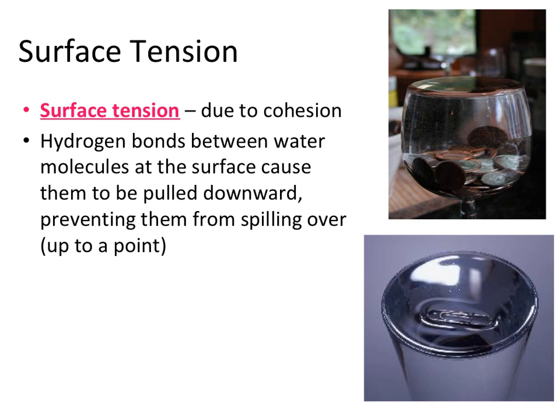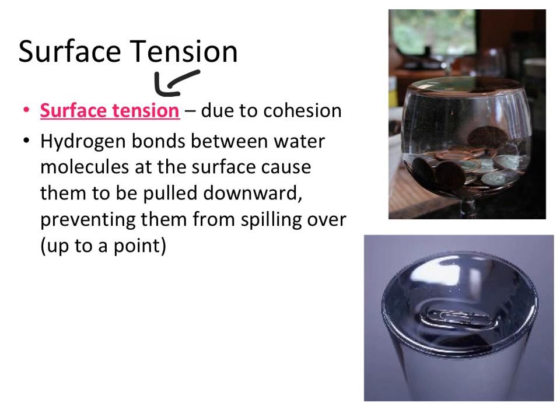Now, cohesion itself leads to another property that you might be familiar with, and that is surface tension. So I want to look at these pictures over here first. So first, I want you to notice that in this glass, the water in the glass seems to be filled up past the point where the glass ends. And this is called surface tension. Basically, all the water molecules in the water are bonding to each other via hydrogen bonds.